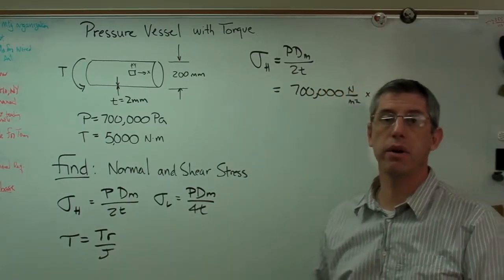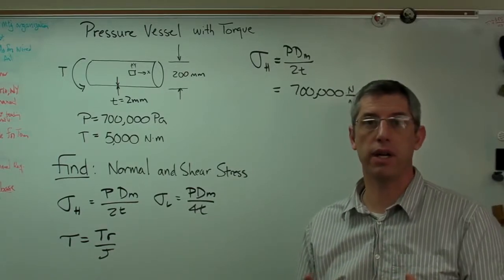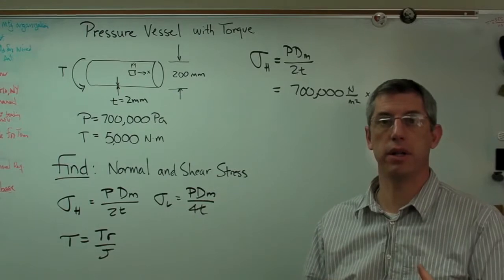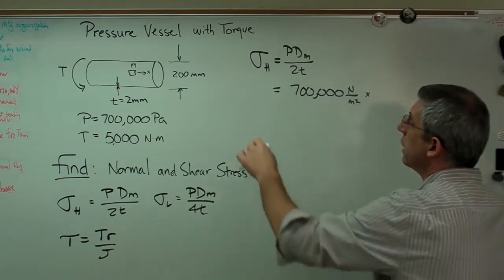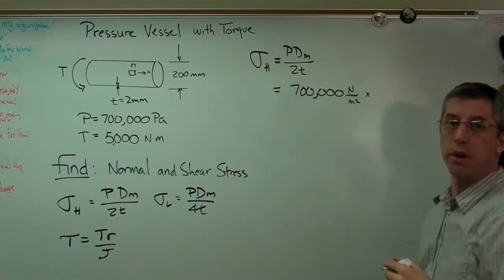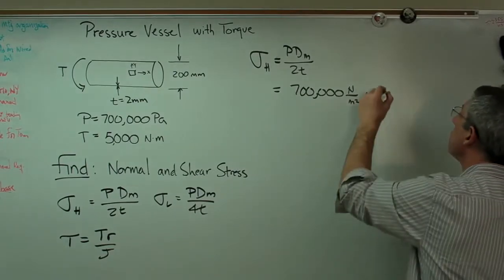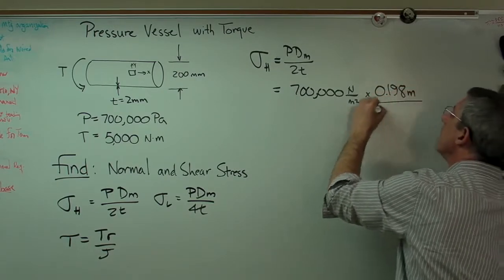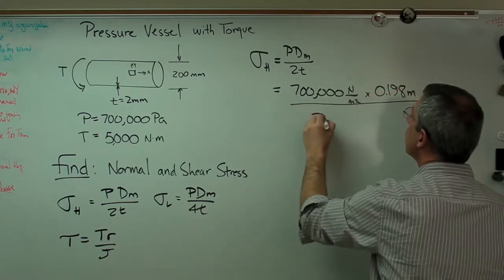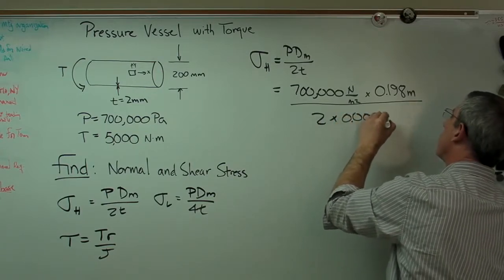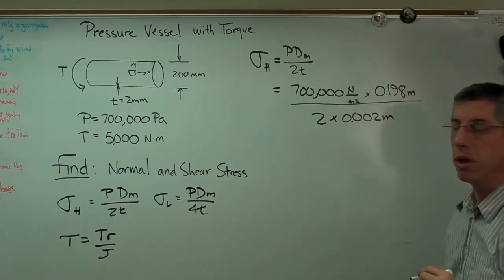The mean diameter is the average of the inside and the outside diameter, so it's the outside diameter minus the thickness. Since we have an outside diameter of 200 millimeters and a thickness of 2, our mean diameter is 198 millimeters. I'm going to write that out in meters to keep the units consistent. And twice our thickness.